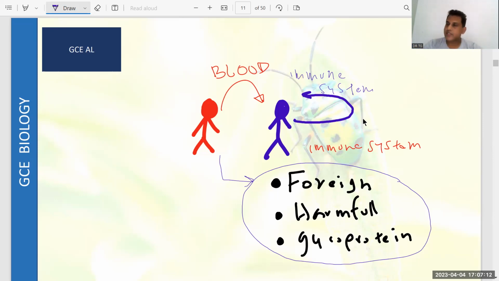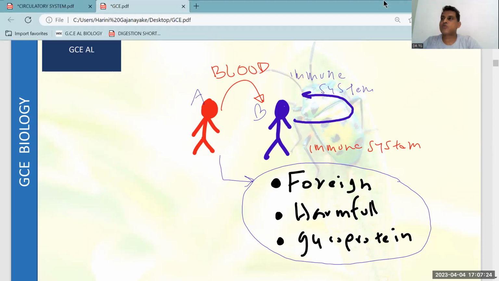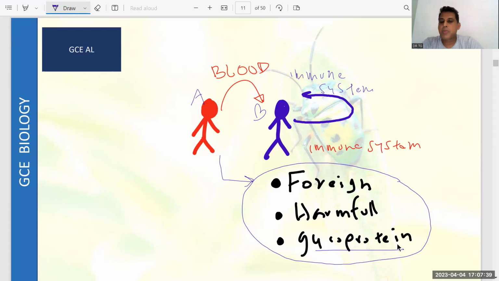Otherwise, if everything is the same in humans, if the blood is exactly the same, and there is no difference in the blood of person A and B, then we don't want to talk about groups. There are no groups, it's just one. So there should be certain different molecules existing in the blood.